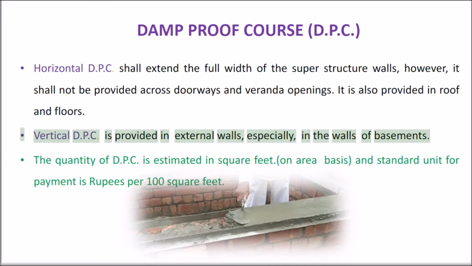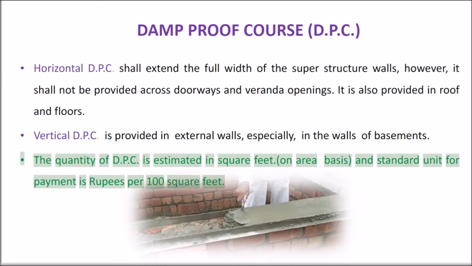Vertical DPC is provided in external walls, especially in the walls of basements. The quantity of DPC is estimated in square feet, on area basis, and the standard unit for payment is rupees per 100 square feet.